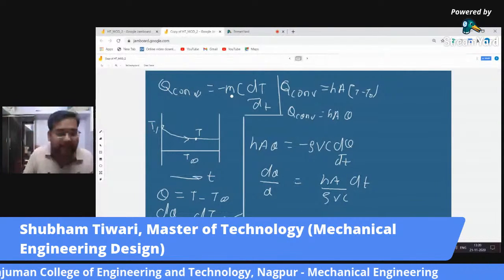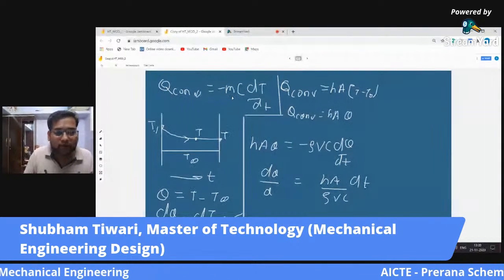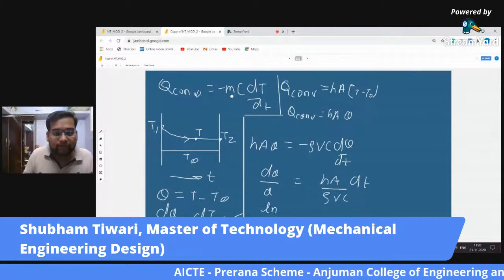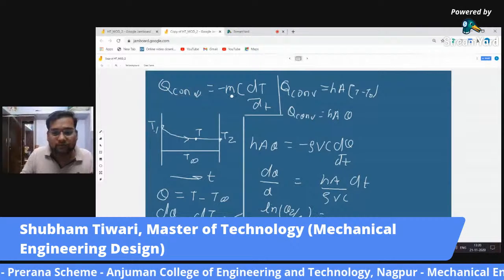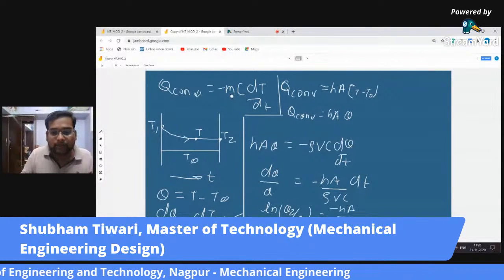And we will integrate this from, let's say, point 1 to point 2. So we will have ln of theta 2 by theta 1 equals minus hA by rho V c into t.